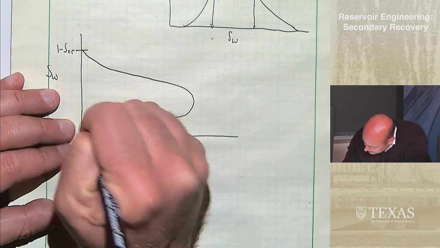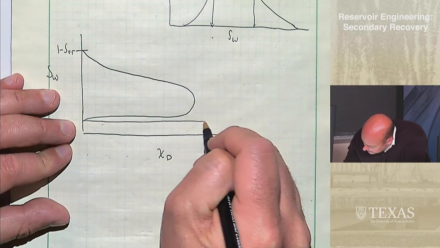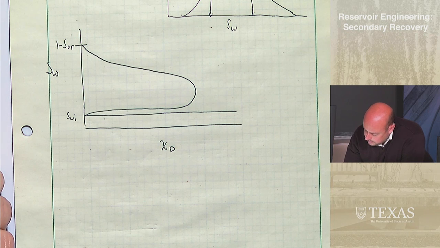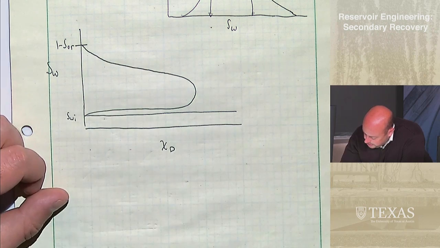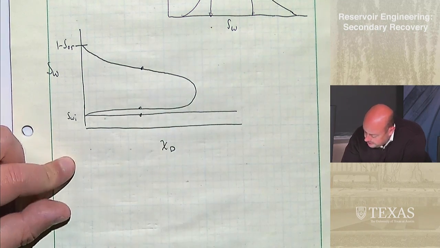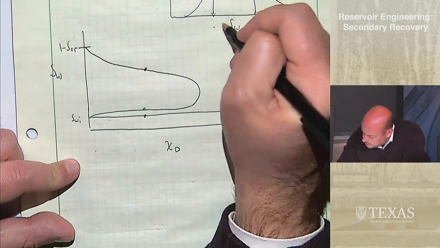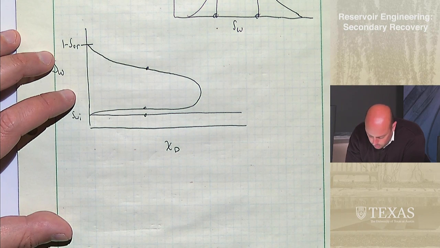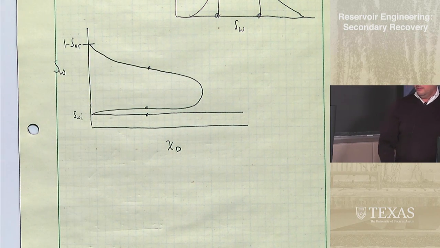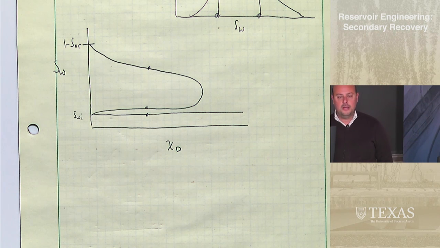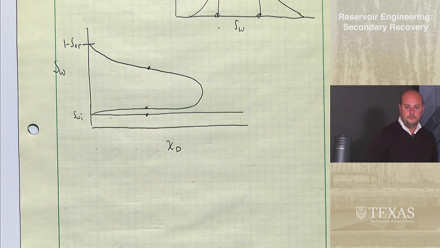It would look like this. This is SWI. So at a given position, you actually have three saturations. Two of the saturations correspond to what was on this plot. The last one is the irreducible water saturation. We call that a triple point saturation, and it makes absolutely no physical sense.